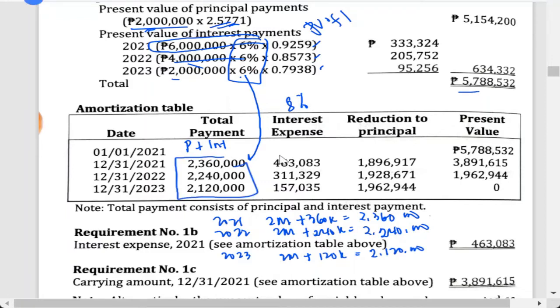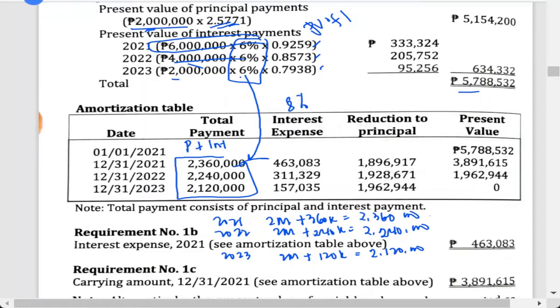What you're going to do is you get the difference. So 2,360,000 minus 463,083. So 1,896,917. So what will be the treatment of this one? So 5,788,532, okay, minus 1,896,917.